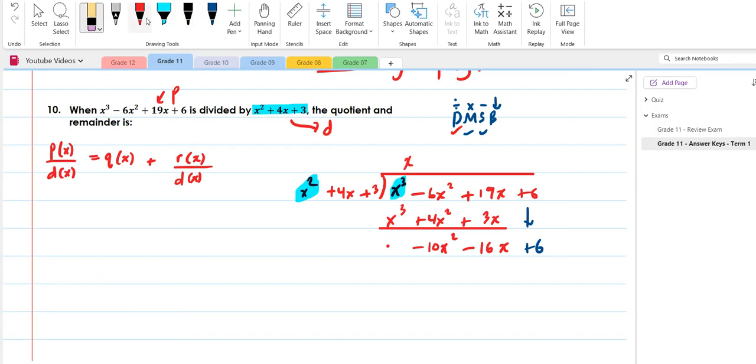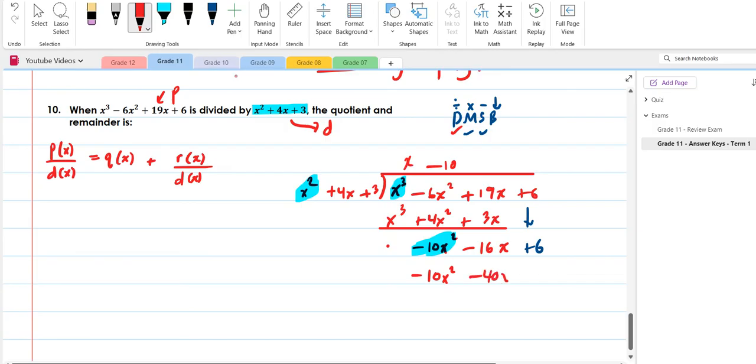Again we start the process, we divide. We take minus 10x squared divided by x squared, so we get minus 10. Now we multiply minus 10 by x squared, so minus 10x squared. Minus 10 times 4x is minus 40x. Minus 10 times 3 is negative 30.